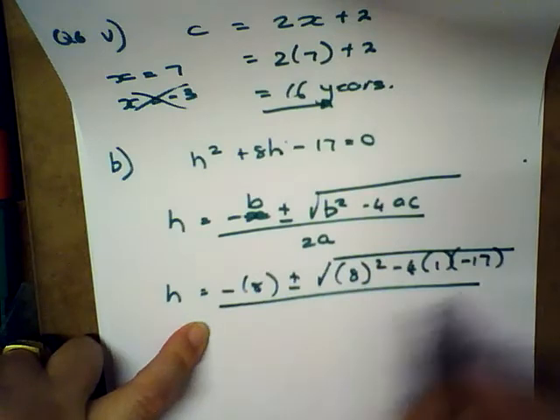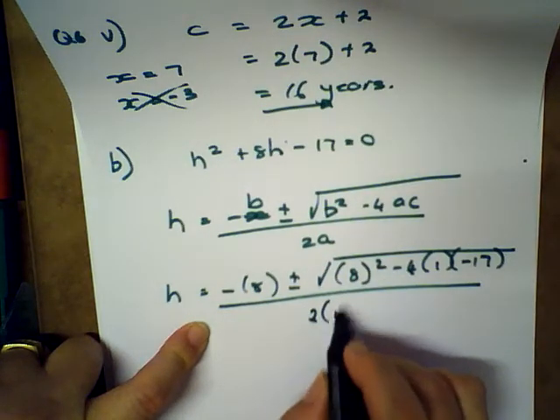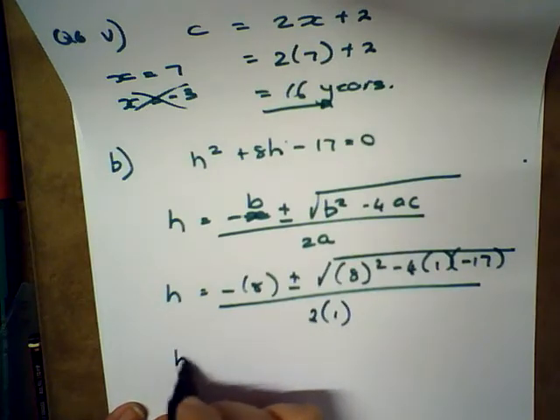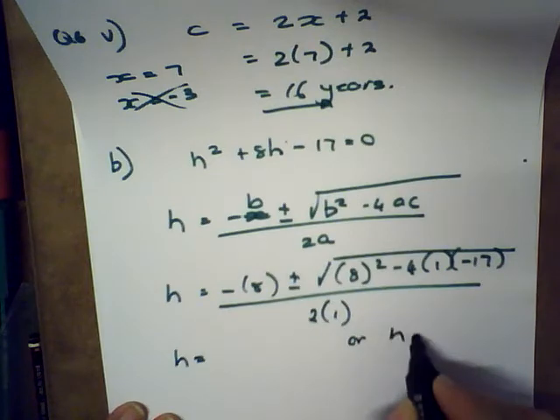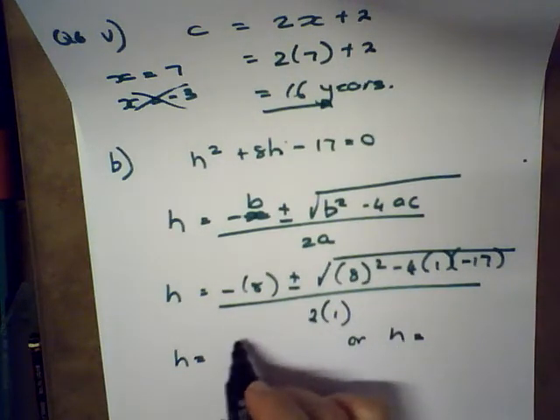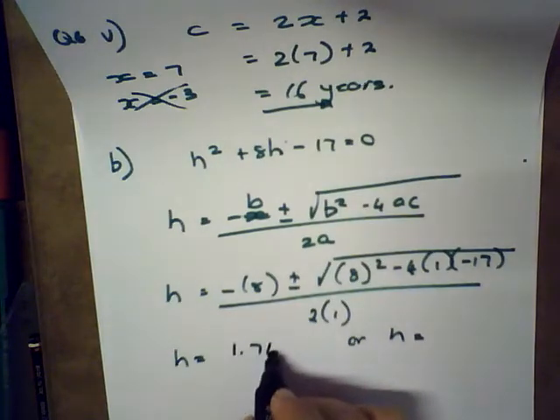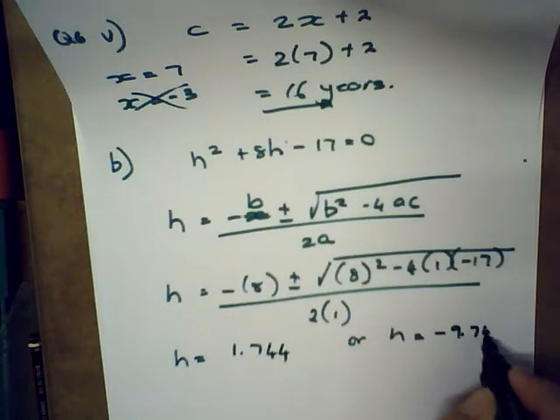That gives me a positive discriminant, so I'll be happy. We can have a solution. And I tap that into my calculator the first time with the positive, the second time with the negative sign. And the answers that I have are 1.744 and negative 9.744.